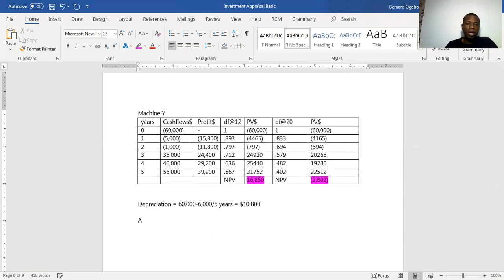We have ARR, that is equal to average profit all over initial investment.